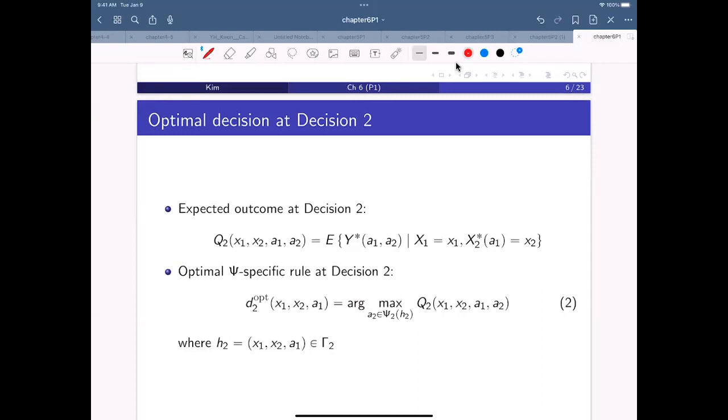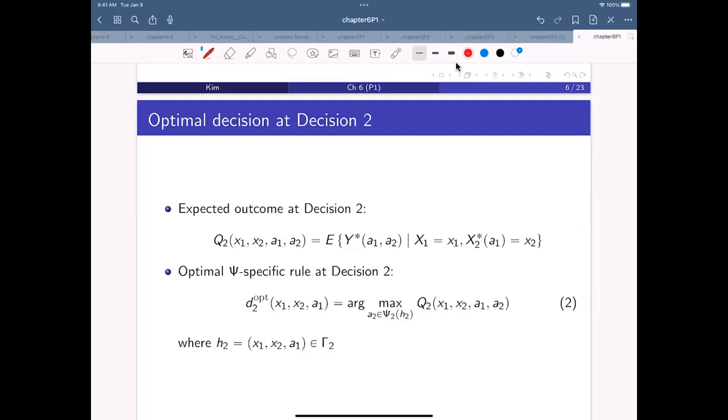At decision 2, at time 2, we just choose this one, leaving everything else as given: x1 and so on. So it is conditional.